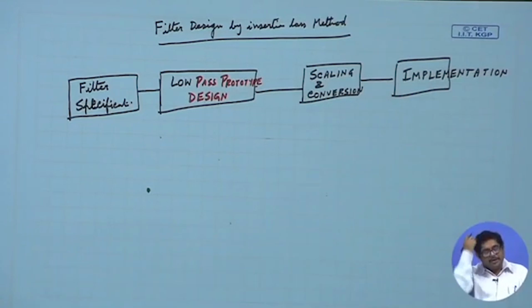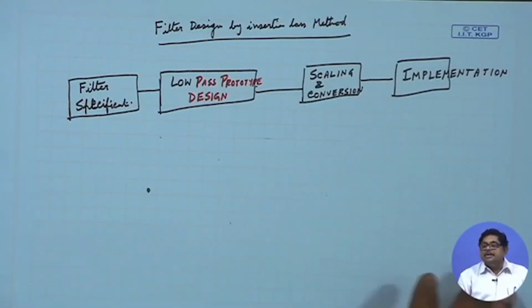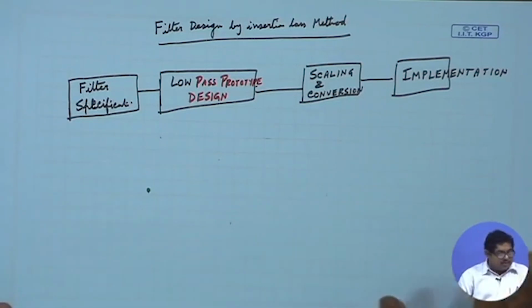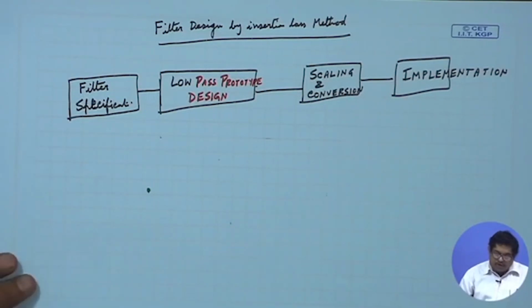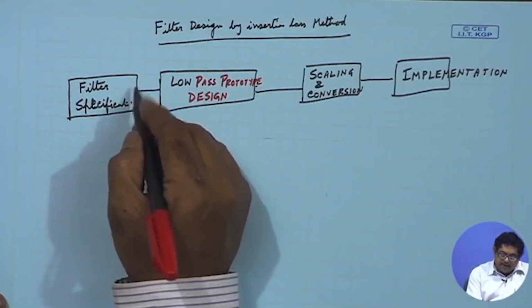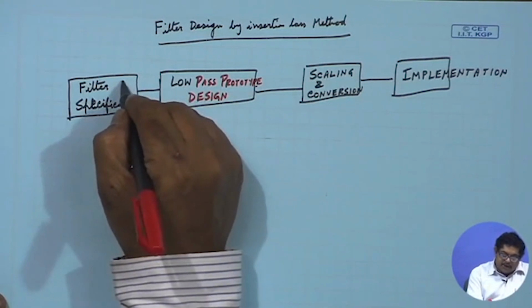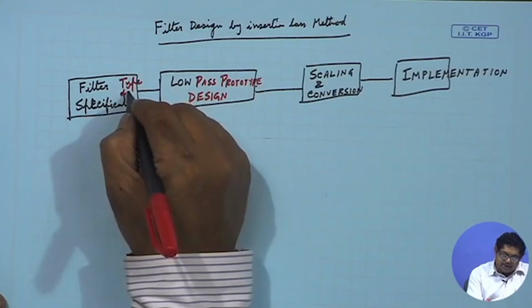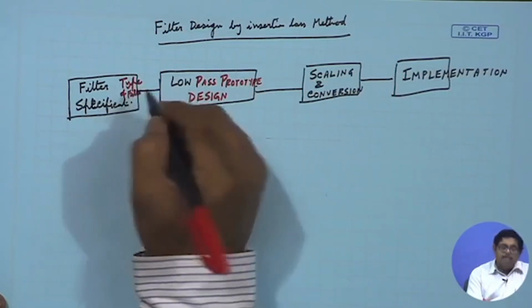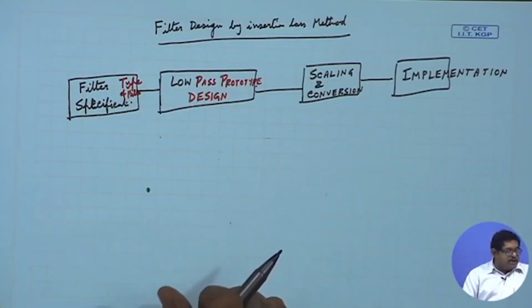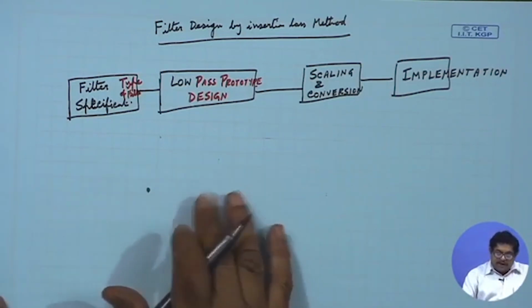In the low pass prototype design, we have already decided the type of filter, whether it is Butterworth, Chebyshev, elliptic, or linear phase.